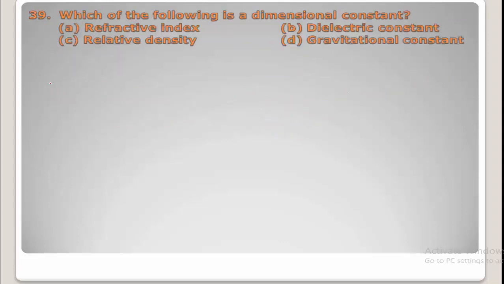Which of the following is a dimensional constant? We have to determine the dimensional constant here in the 4 options. So what is the dimensional constant? So a constant having dimensions and this value remains constant, as the name says. It is having a constant value and it possesses a dimensional formula. Okay. Which one of these is a dimensional constant?